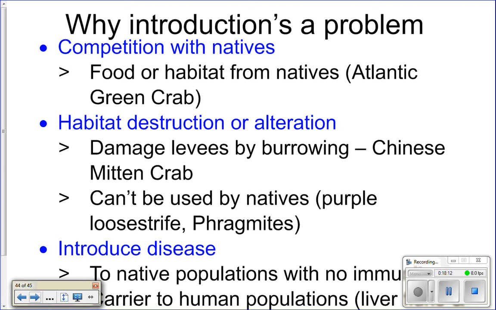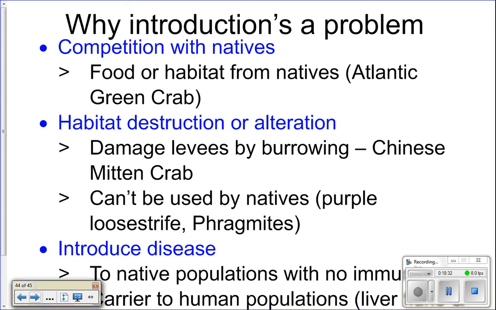So you get a plant that gets introduced and it starts growing and flourishing, but none of the native animals that live there can eat it. So it's a problem because that plant would take up the normal space and resources that would go into growing the things that the native species could actually eat.